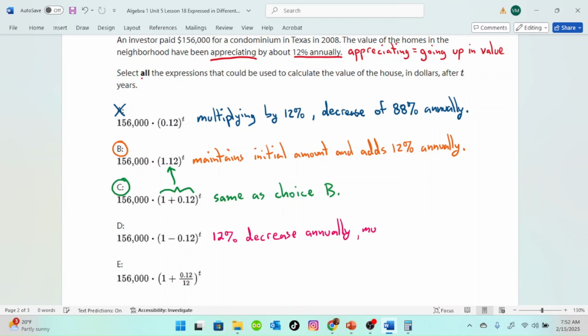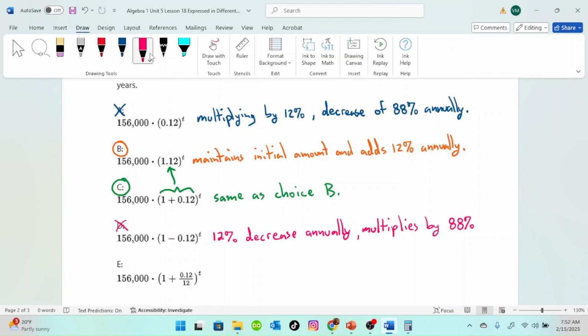It actually multiplies by 88%. So D is incorrect.